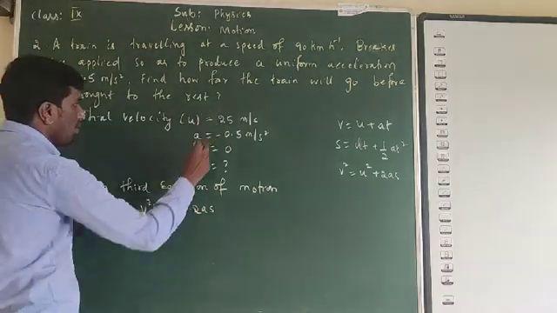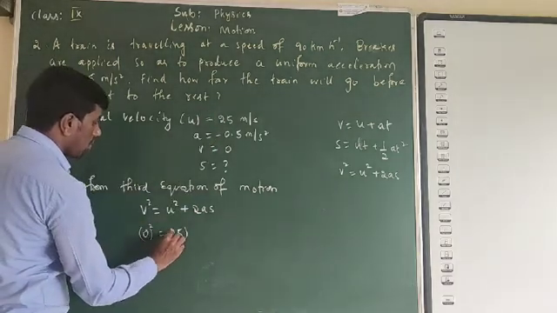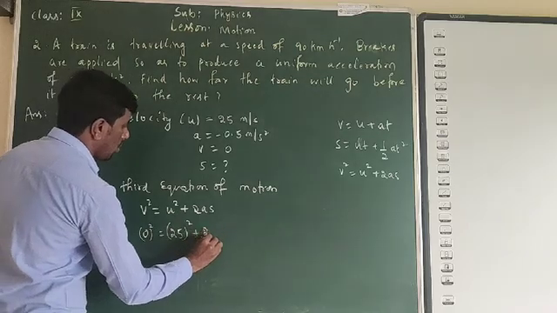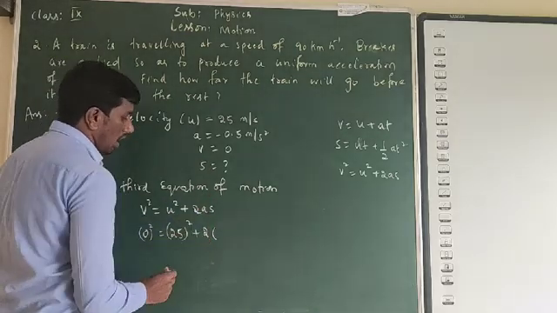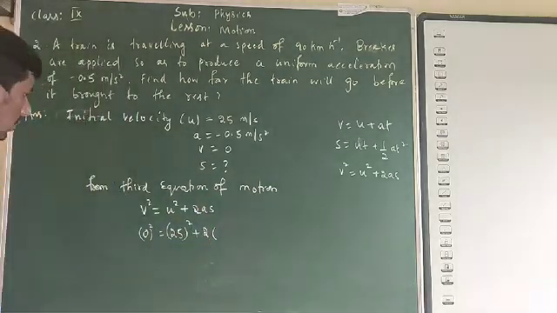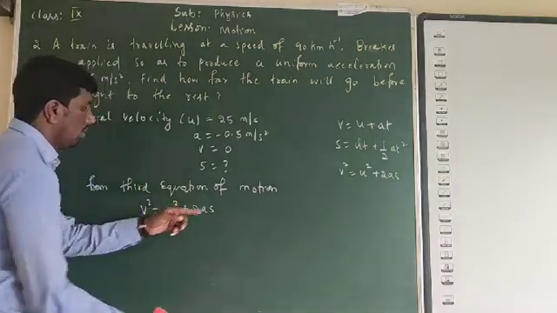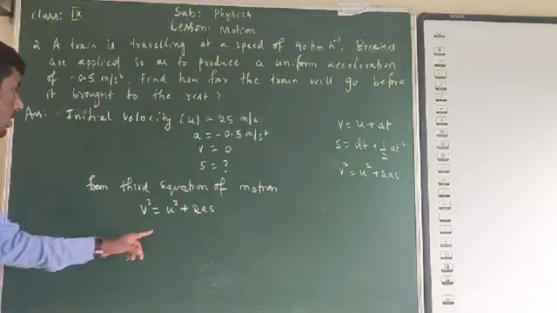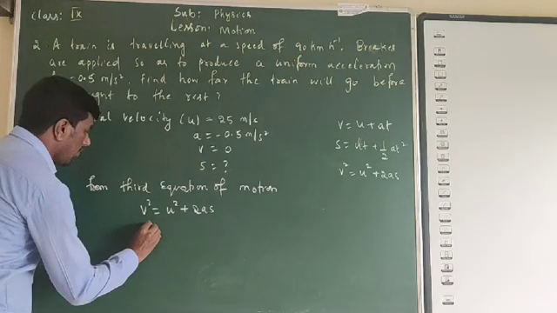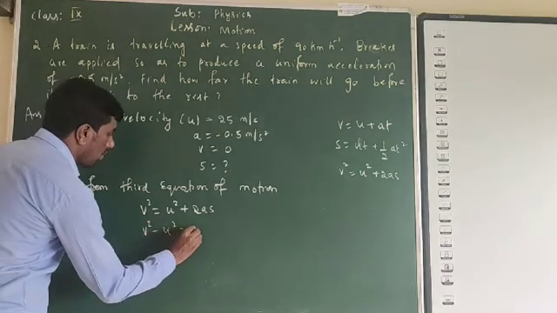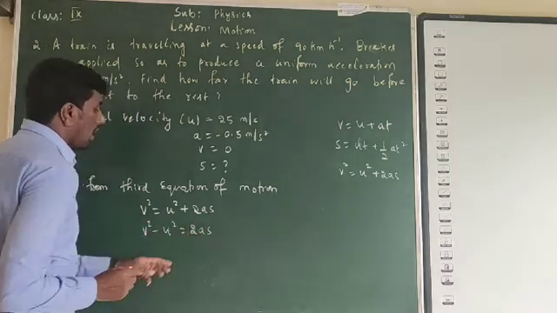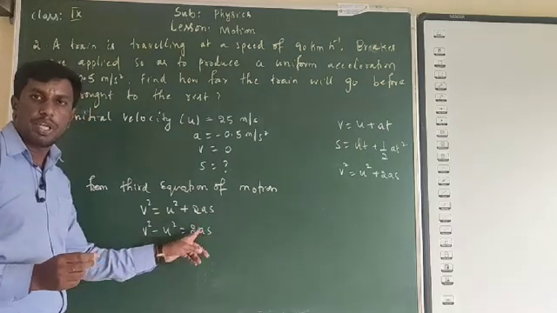Then u is 25. I will modify the equation first in order to bring it to s. I will send u² to this side: v² − u² = 2as. I will keep s here only and send 2a to the other side.